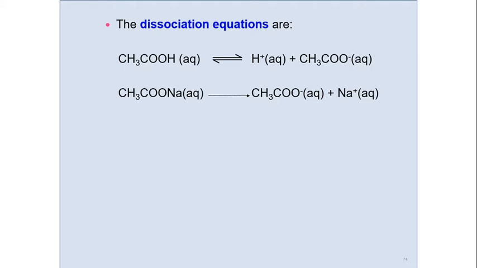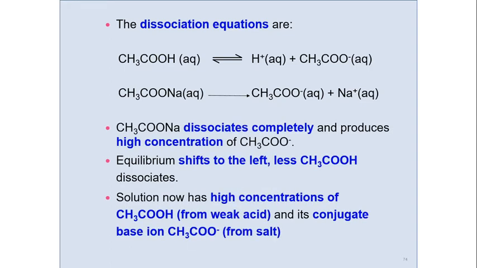Since CH3COONa dissociates completely, it produces a high concentration of CH3COO-. The equilibrium will shift to the left. Then, less CH3COOH dissociates. The solution now has a high concentration of CH3COOH from the weak acid and its conjugate base ion CH3COO-.